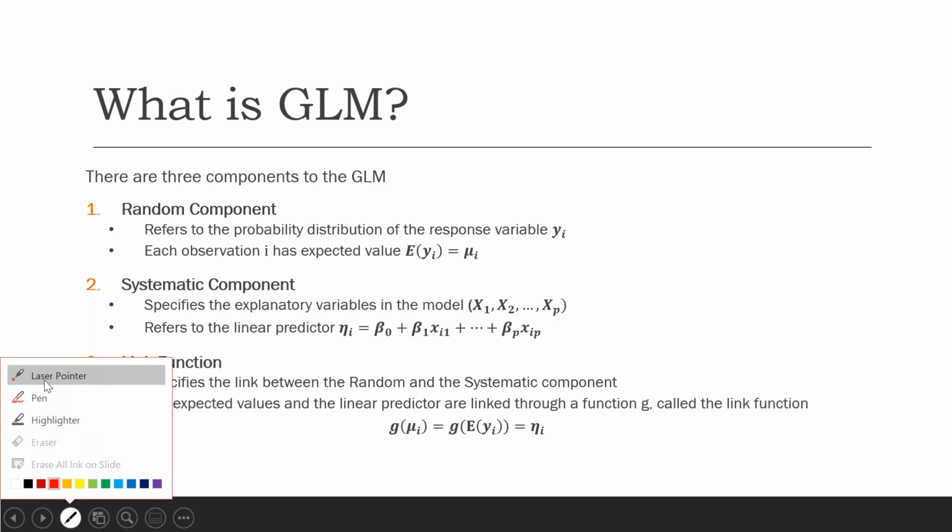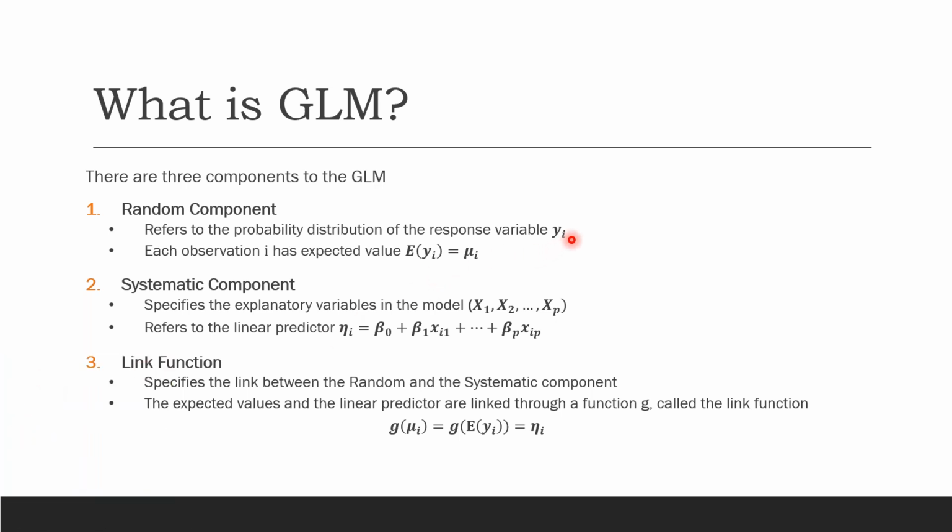So you have the variable yi and you have the expected value of yi equal to mu i for each observation i.